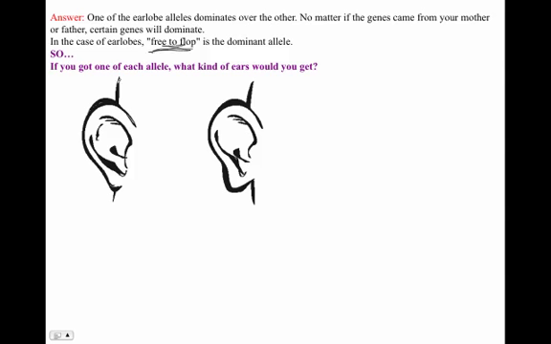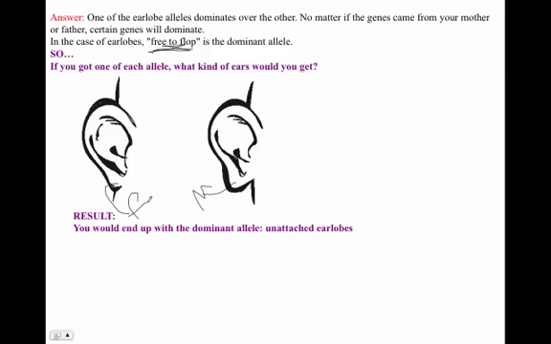So if you get one of each allele, what kind of ears would you get? Let's say this was your mother's ears and this was your father's. What would your earlobes be? You would have the dominant allele, which is the unattached, and in this case, the one that came from your mom.